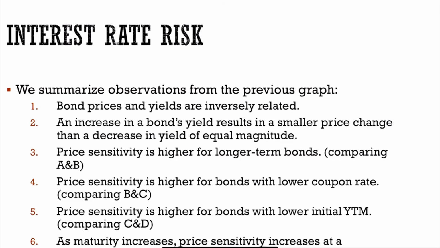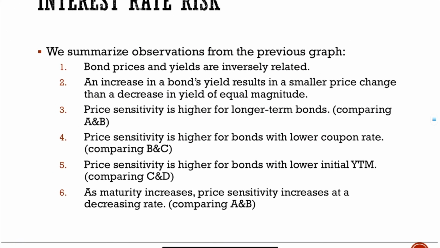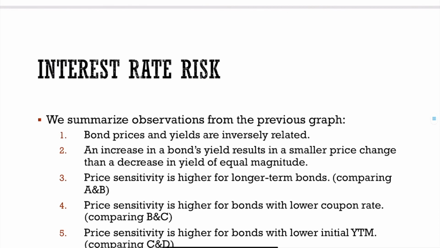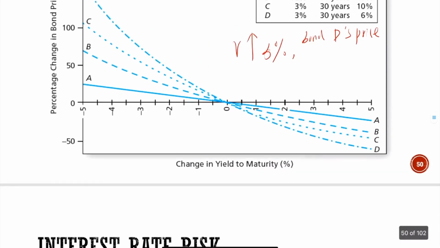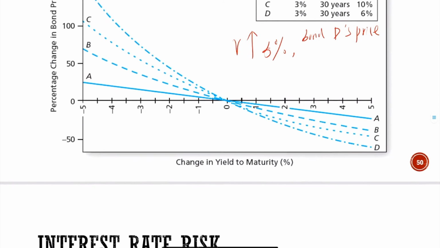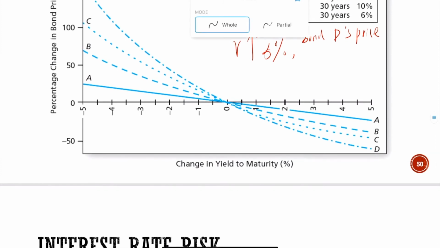Now the second observation: an increase in a bond yield results in a smaller price change than a decrease in yield of equal magnitude. So let's see how we could get this result from the picture.